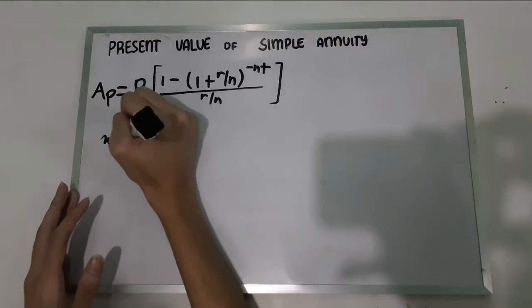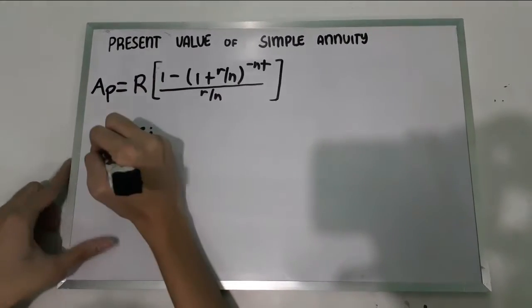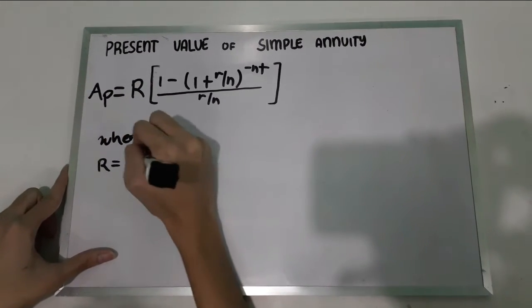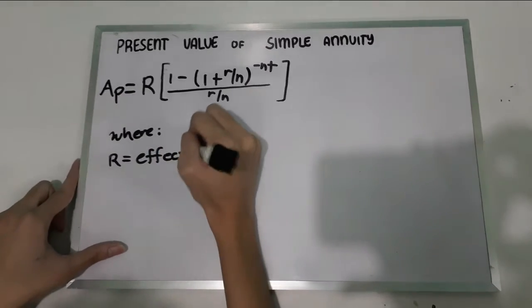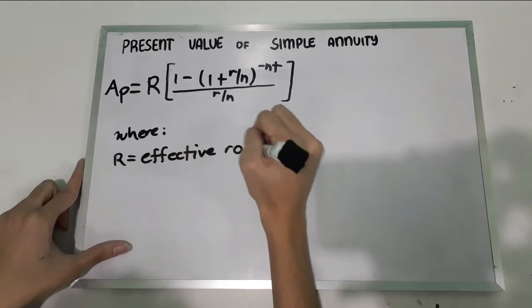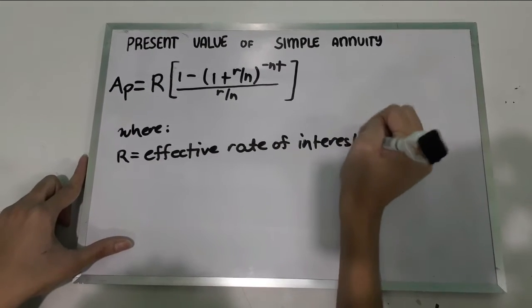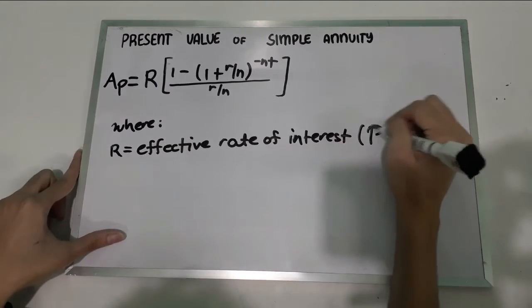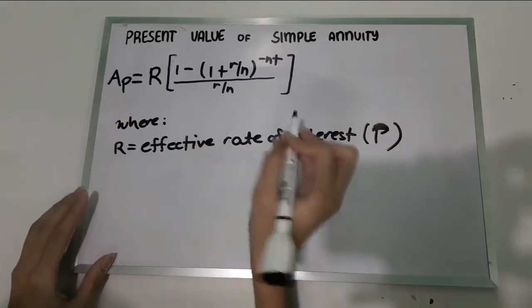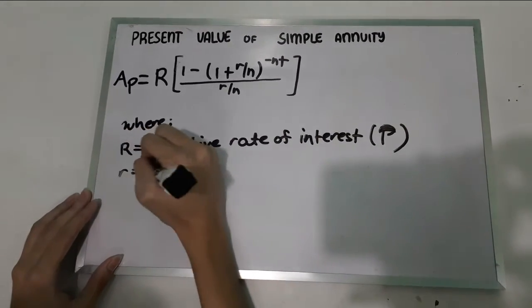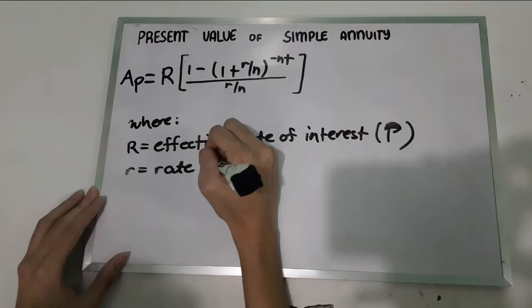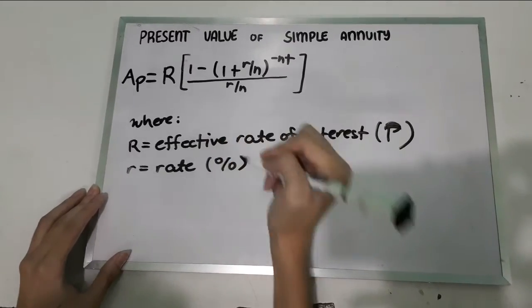R is the effective rate of interest, usually in the pesos side. The R is our rate, usually in the percentage form.